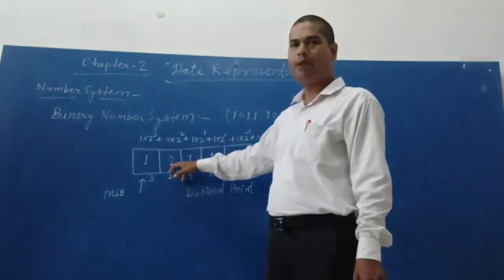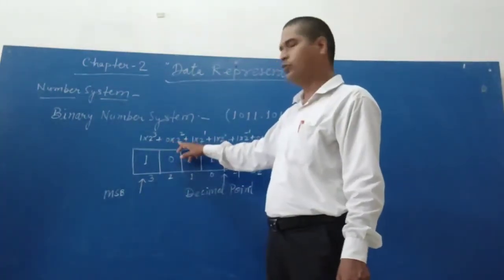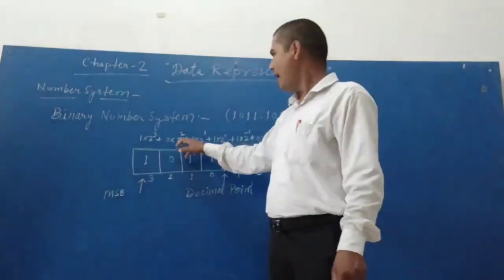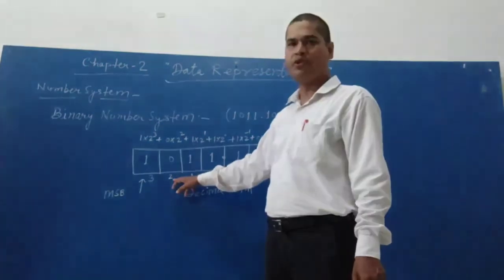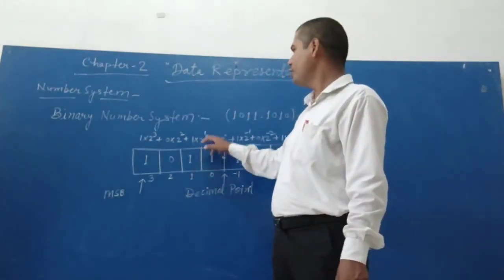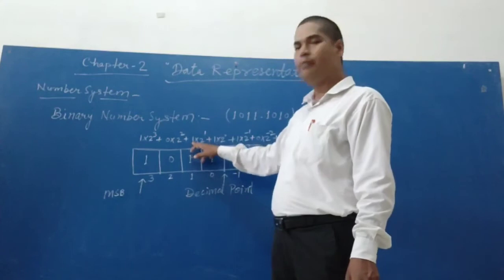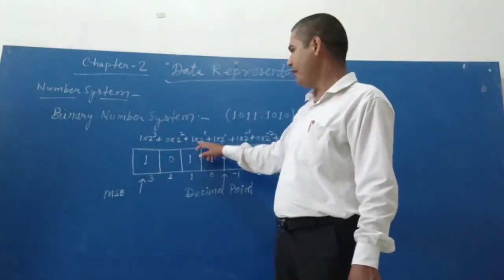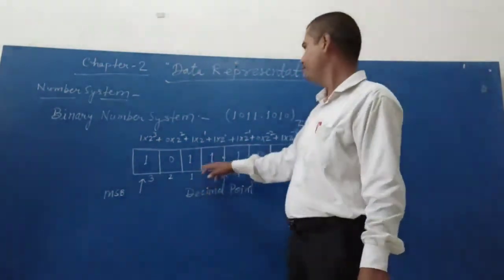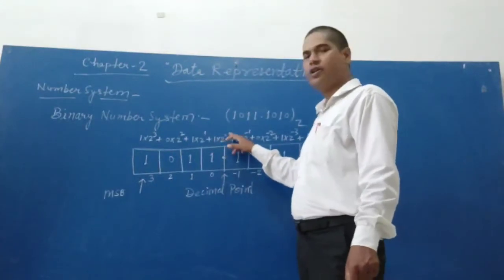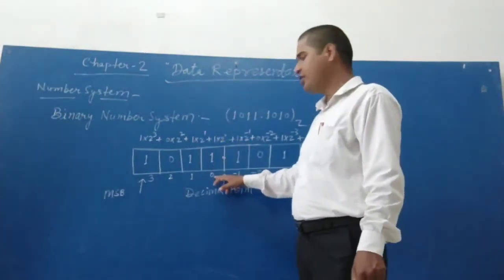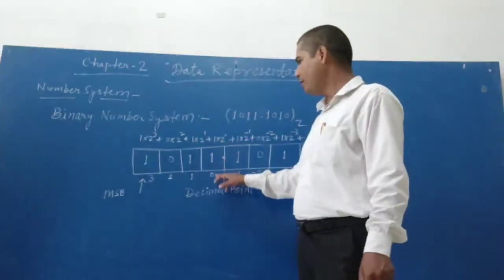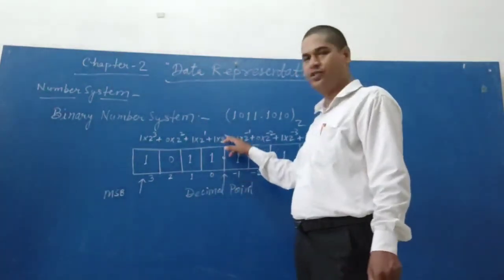Next, 0 into 2 to the power 2: 2 is the base and the power means its position. 1 into 2 to the power 1, the bit is 1, 2 is the base and 1 is its position. 1 into 2 to the power 0, the base is 2 and the position is 0, that's why the power is 0.